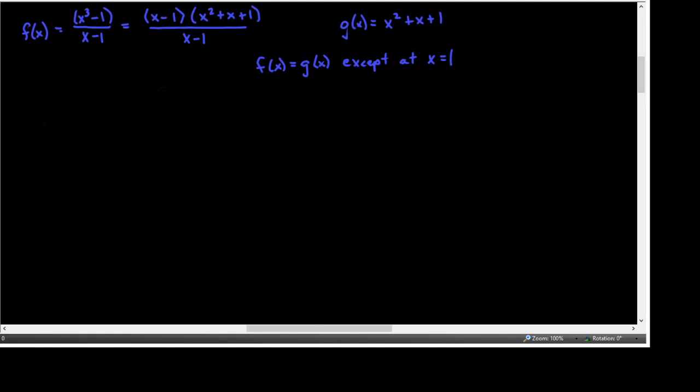Seems to me I remember 4, but if I said that before, that would have been wrong. That would be 3. I have to go back and look at that one. Anyway, these functions will have the exact same graph, except at the one point where x is 1. F will have a removable discontinuity.